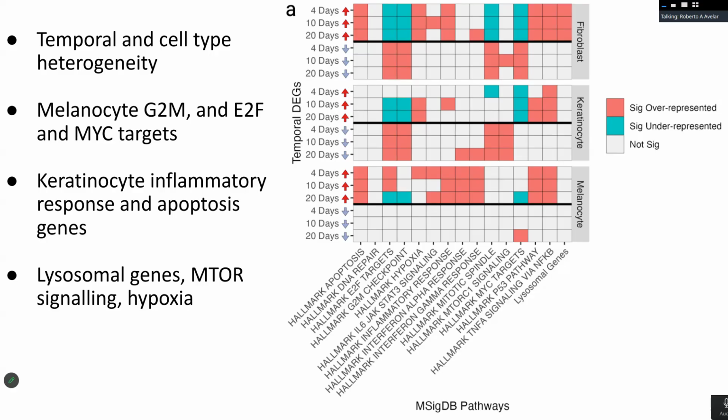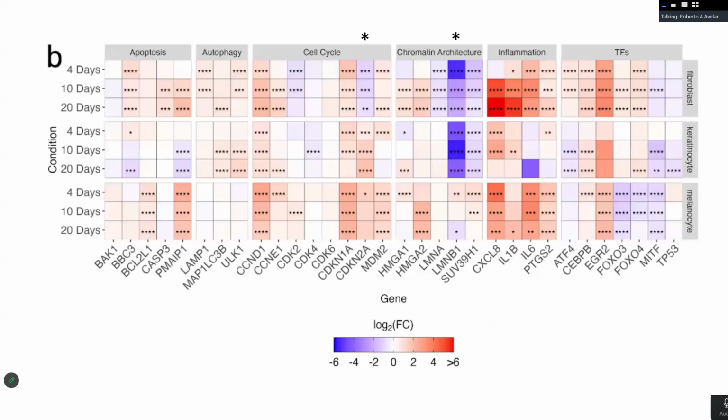So in general, we see widespread heterogeneity of individual pathways within these senescent states. And when we consider individual genes, we start to see very interesting patterns. For example, lamin B1: this gene should universally be downregulated in cell cycle arrest.